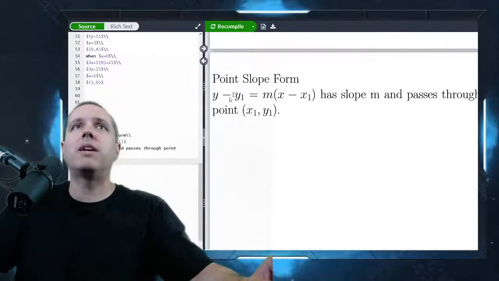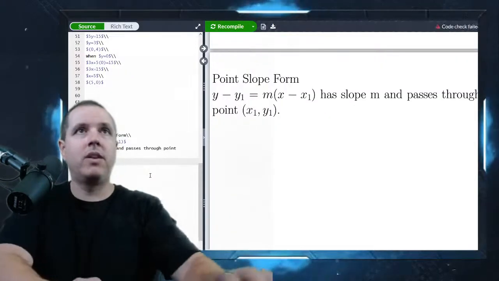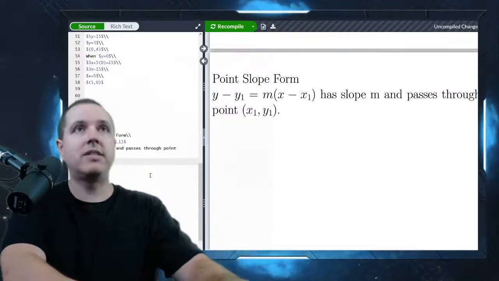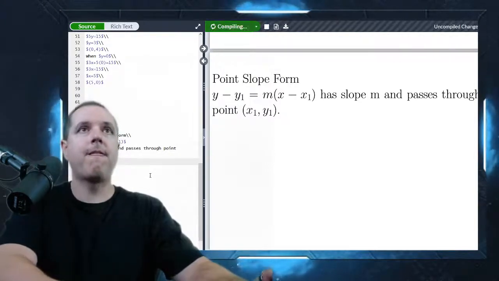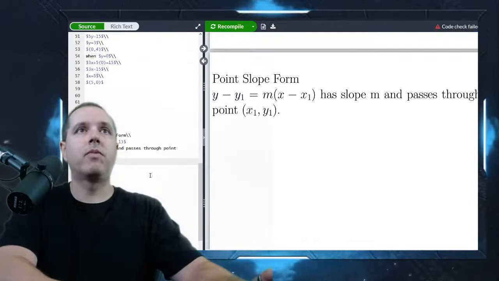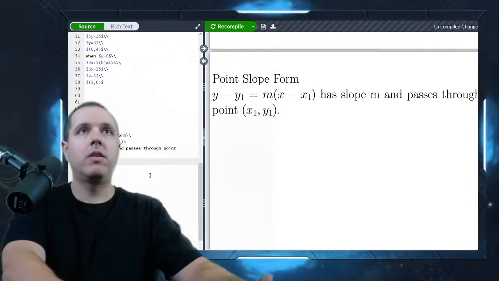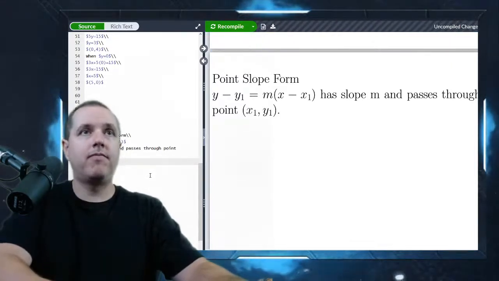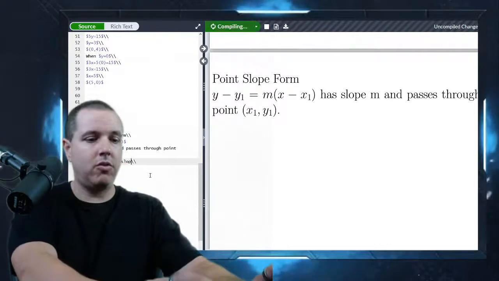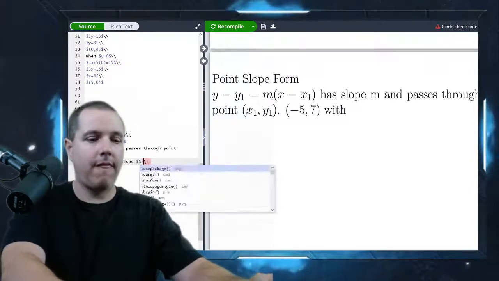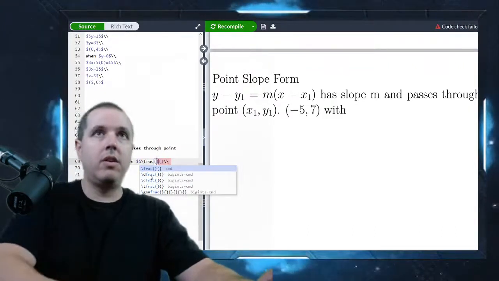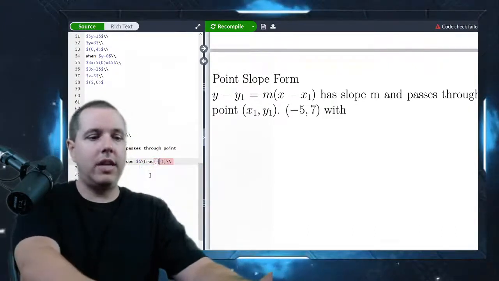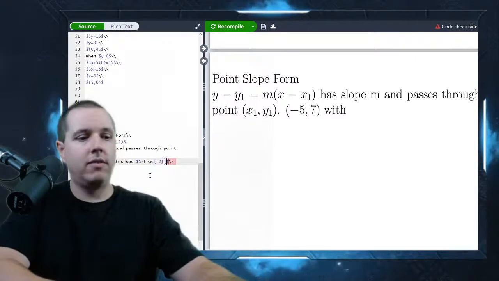So let's go back here. I've got negative 5, 7, and with slope, well, let's write it this way, negative 2/5.